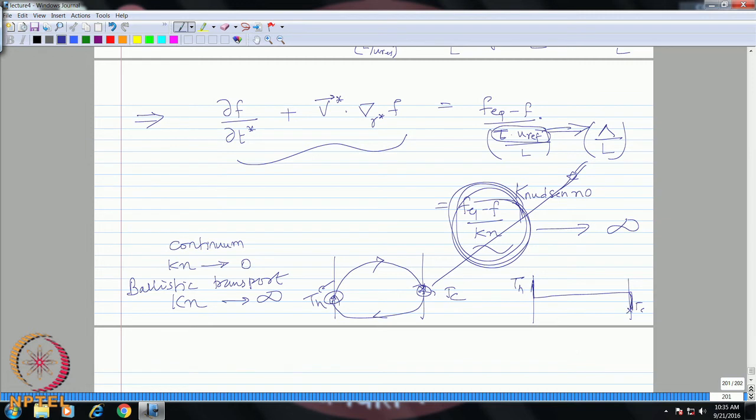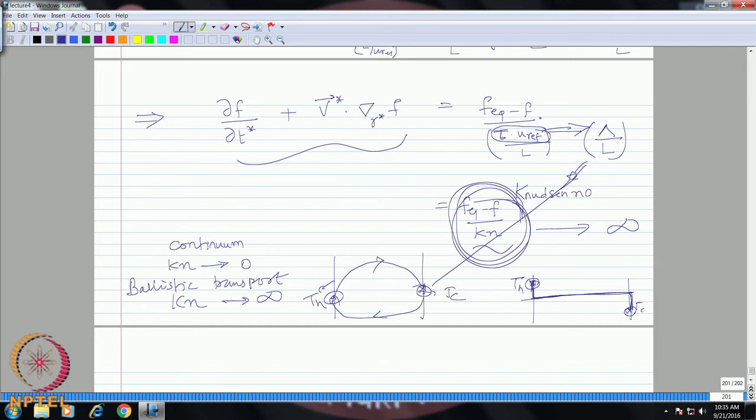So, the phonons, if you are looking at solid, the phonons cannot transfer basically all this information to the cold side, and similarly the cold side information is not transferred to the hot side. So, the phonons will have an energy density which is somewhere in between these two temperatures.